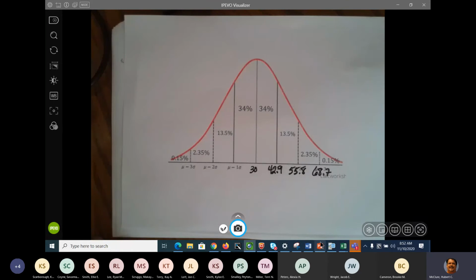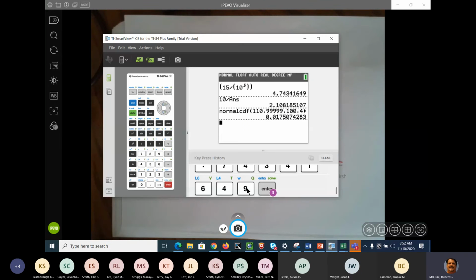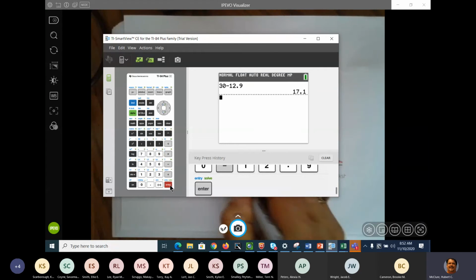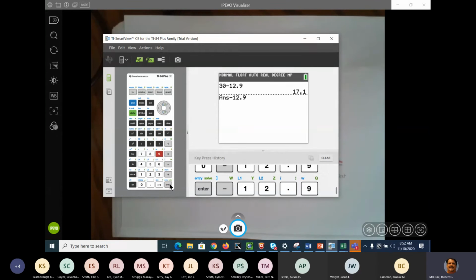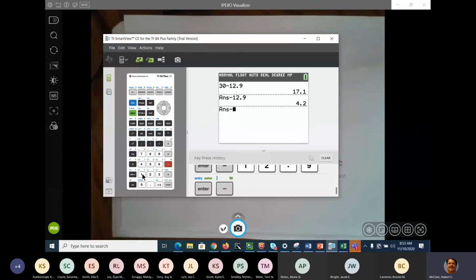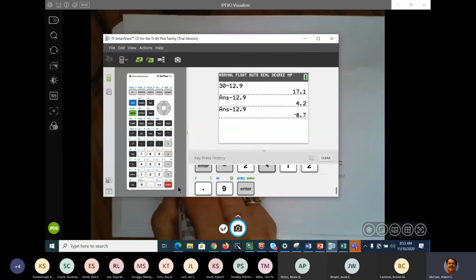And I don't forget the other side. I'm just going to have to do 30 minus, is it 12.9? 17.1, minus 12.9, 4.2, and minus 12.9, negative 8.7.